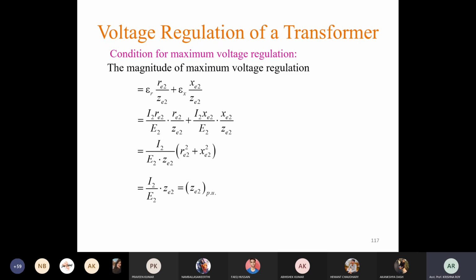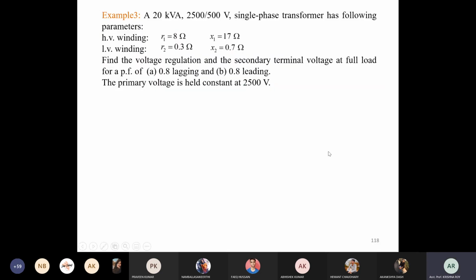Is it clear? Yes, sir. Any question? No. Okay, let us solve this example.